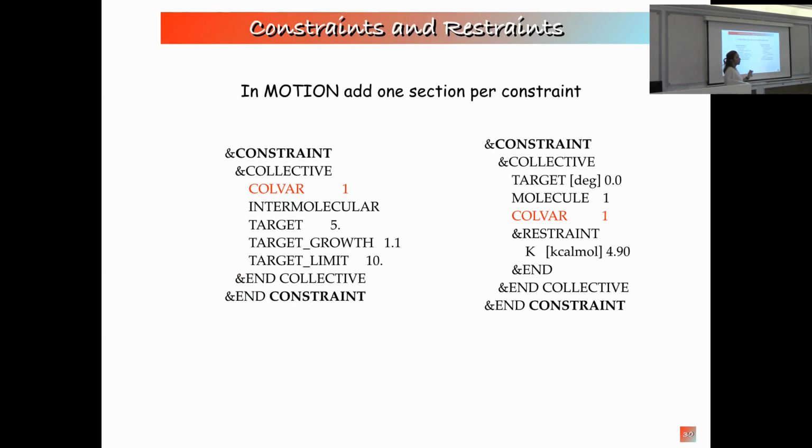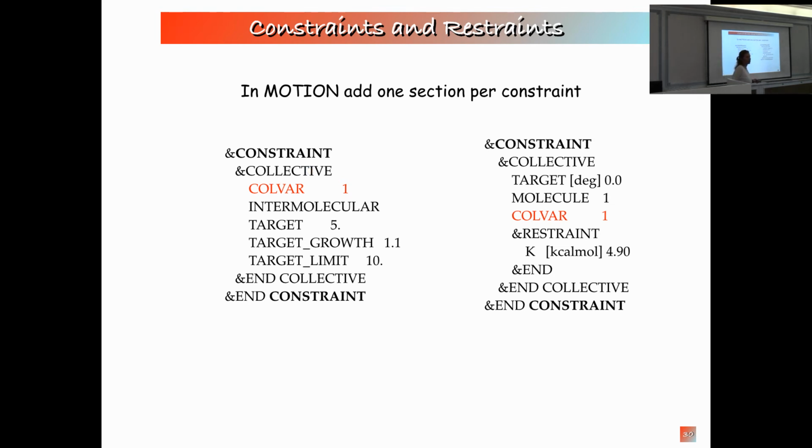An obvious way to use a collective variable is fixing its value, so fixing a constraint. You want to have this collective variable at a fixed value, and then you want to sample all the possible configurations that correspond to this fixed value of that specific collective variable, or of more than one. Then you can fix constraints or restraints. And then you have to go to the motion section, open the section CONSTRAINT and specify that this is a collective constraint.